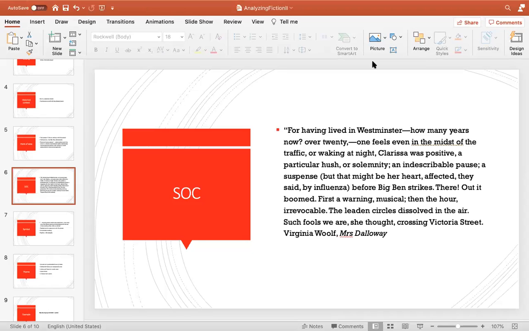Okay, so the narrator is speaking all this. But look at the absence of any fixed point of view over here, and that precisely is stream of consciousness.